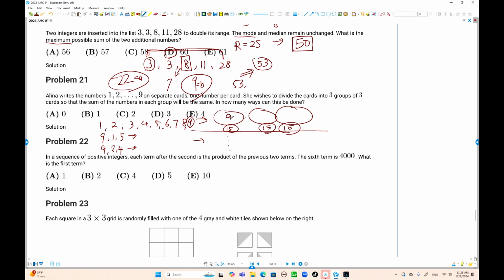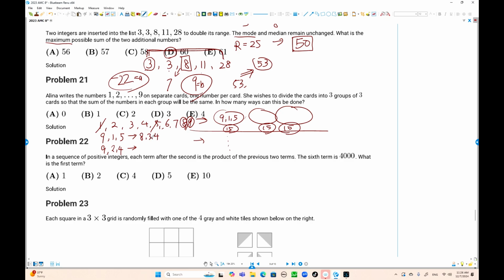You could choose 9, 1, 5. Now choose the next highest number, which is 8. What are the other two numbers? The sum should be 7. 2 and 5, but 5 we used already, no good. 3 and 4, right?